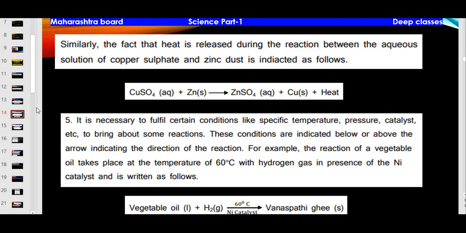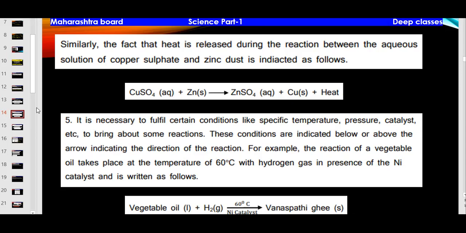Fifth point, it is necessary to fulfill certain conditions like specific temperature, pressure, because we have to write that also. At a certain temperature only the reactions can take place, at room temperature or 30 degrees or 60 degrees or 100 degrees or 150 degrees. There are laboratories where we can adjust the temperature for that particular reaction.